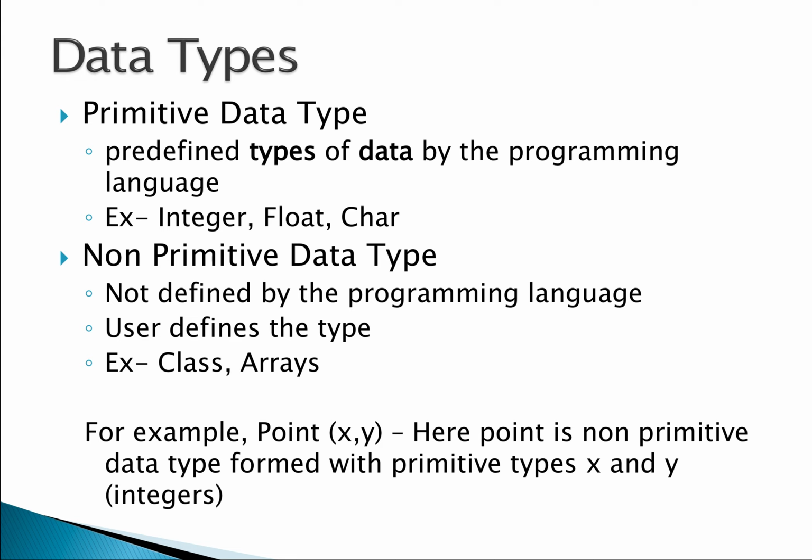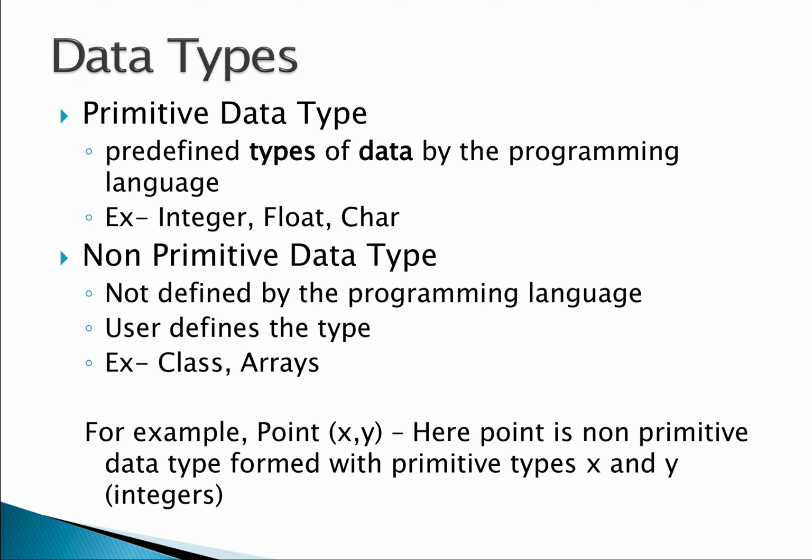Non-primitive data types are not defined by the programming language; they are defined by the user. For example, if I wanted to plot a point in a graph, I would like to have the x-axis and y-axis value. Let's assume they are integers, basically numbers. So I will say 3 comma 2. Here 3 is a primitive data type, an integer, and 2 is again an integer.